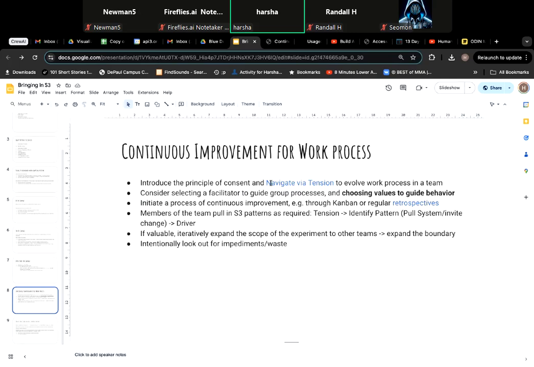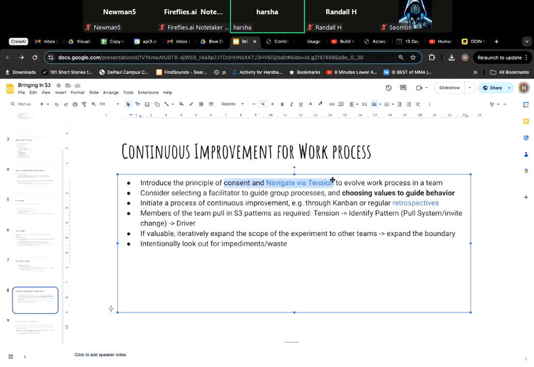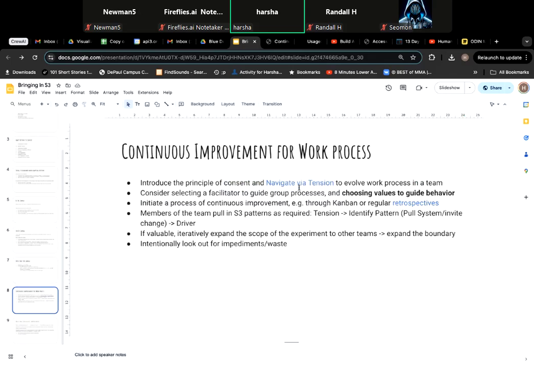Introduce the principles of consent and navigate via tensions. But what they're saying is once the experiment has started, then use this. But I think tensions are like requirements for drivers. So even before the experiment goes into action, I still think tensions are really important and we need to start from there. But again, that's my perspective.